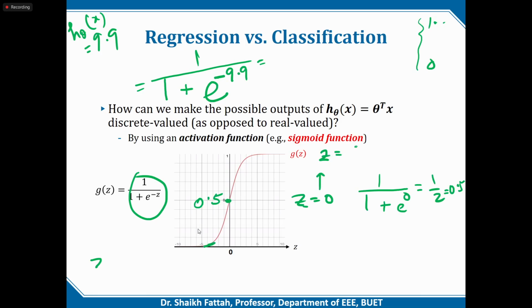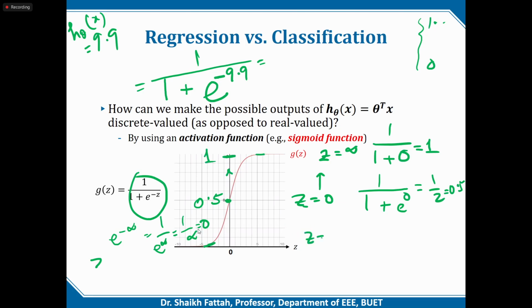When z equals infinity, then 1 by 1 plus e to the power minus infinity. That means 1 by e to the power infinity. Anything to the power infinity is infinity, so this equals 0. So this is 1. So when you move, it will be 1.